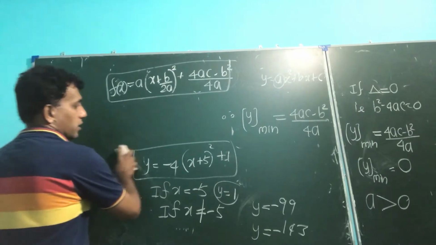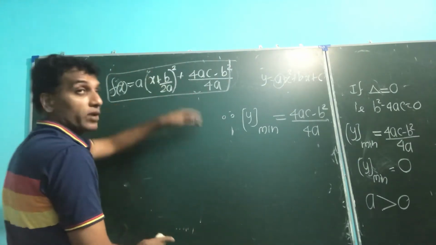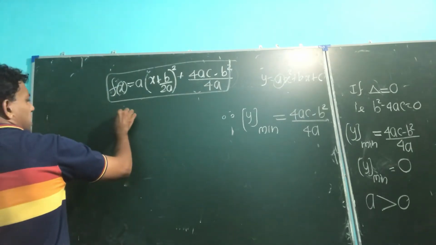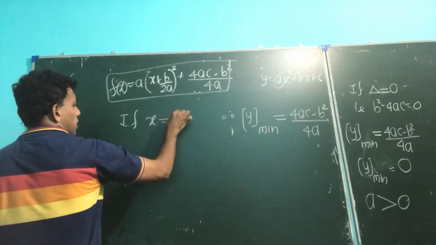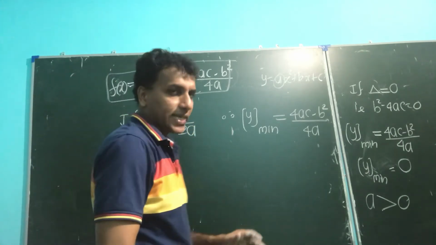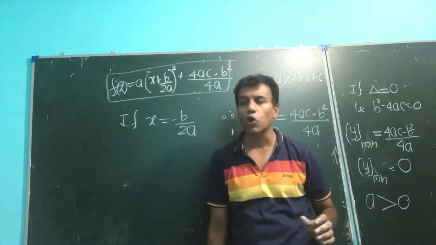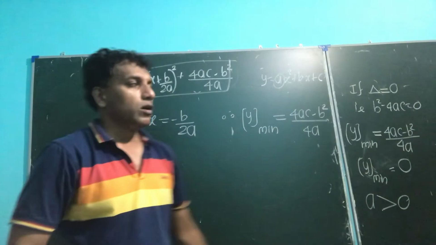Now come here. So write this now. After showing this, write this. If x equals minus b over 2a, see what happened. What happened?